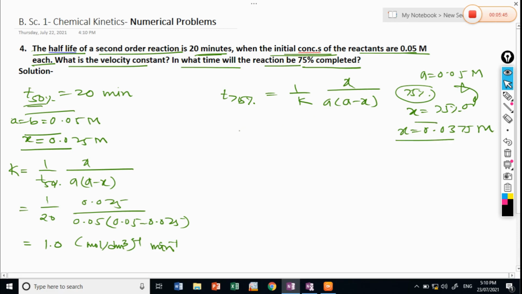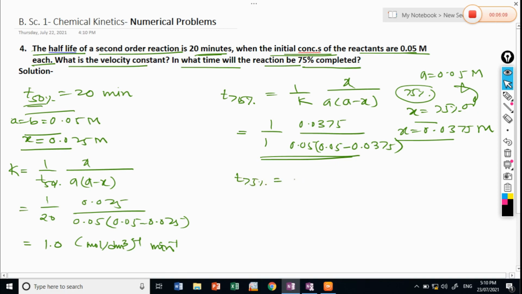Again putting these values in this equation, the T75% is equal to 1 upon K is equal to 1, X is 0.0375 divided by A is 0.05, again A is 0.05 minus X is 0.0375. If we calculate all this on calculator, the T75% time value comes out to be 60 minutes.